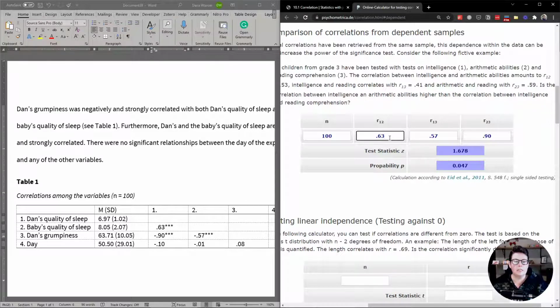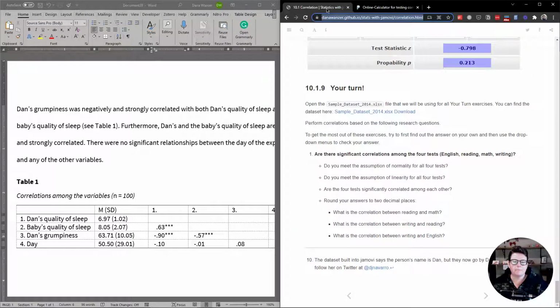So 0.63 is more strongly correlated than 0.57, given the correlation between the two related variables. So we can test that instead of just eyeballing it, because the eyeball test may not be accurate. You might have said, oh, 0.63 and 0.57 is a difference of 0.06, that's not different. But in fact, it is statistically significantly different.